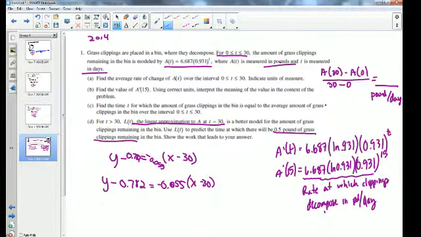And then, here's the difference between what we've been doing. Use L of t to predict the time at which there will be 0.5 pounds of grass clippings remaining. Where do I plug that in? That's a y value. It's not a time, right? So we have to put 0.5 here and solve for x. Divide by negative 0.055, add 30, and leave it alone.